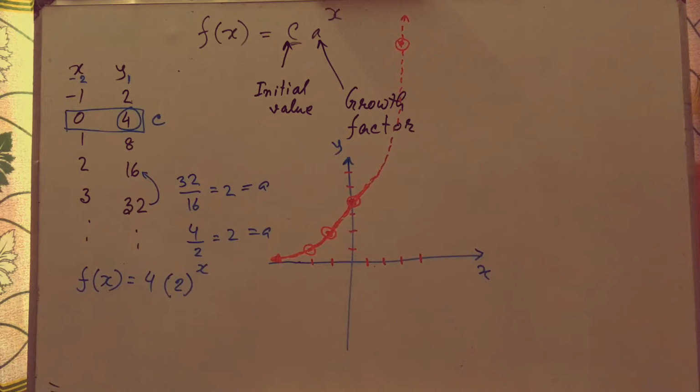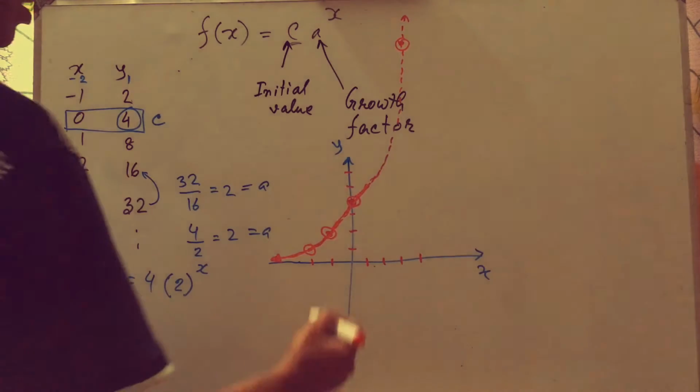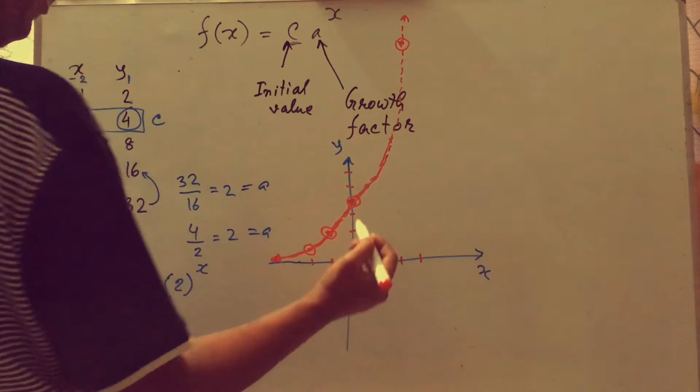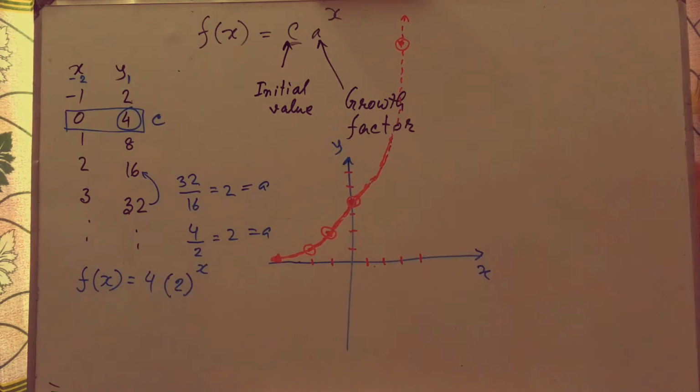Now the interesting thing is, can we draw some more conclusions about this graph? What are the properties of this graph? If you look at the graph, first of all, you can see it is some kind of increasing graph.